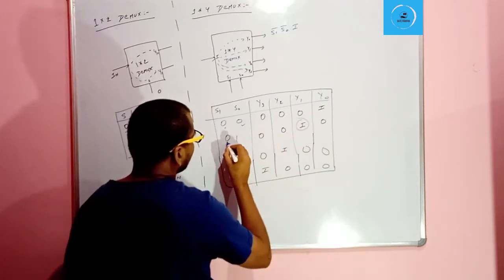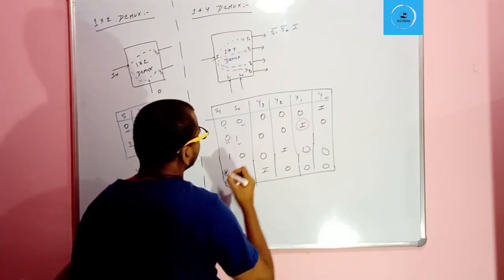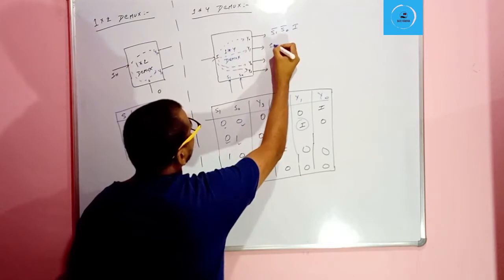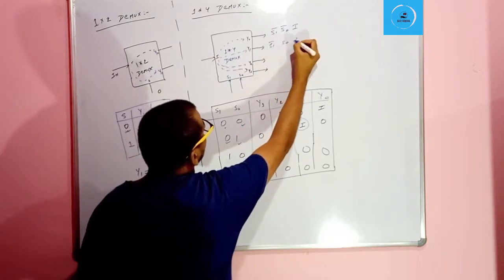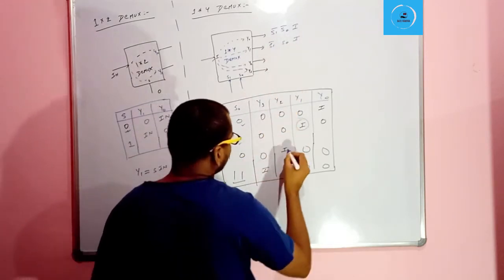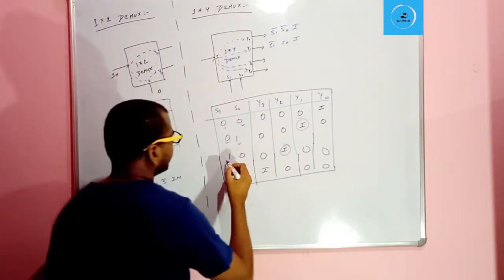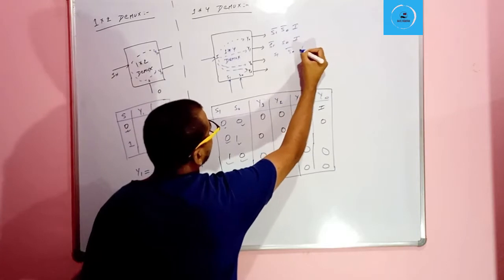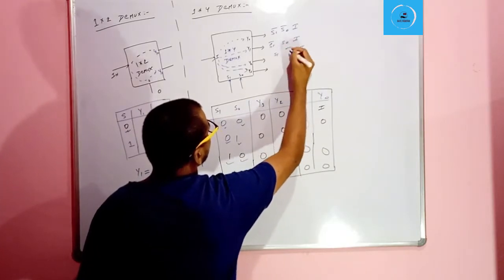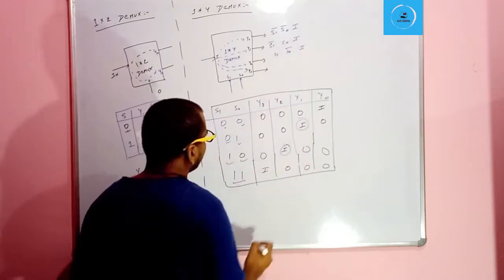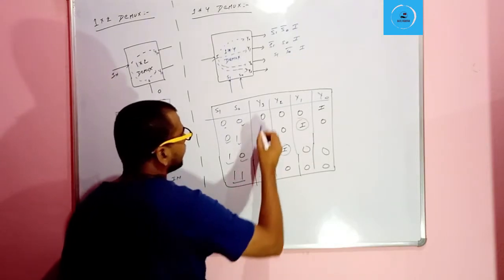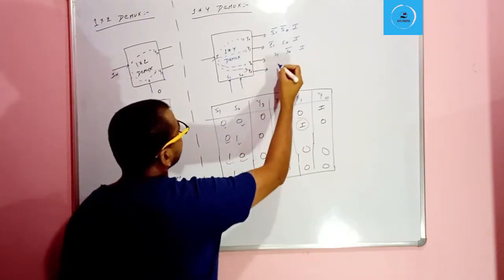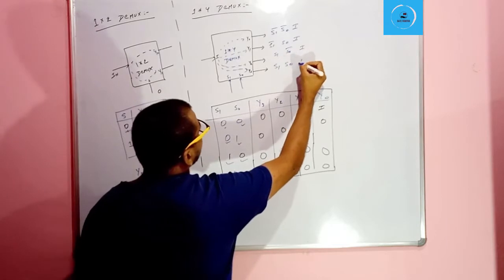Y1 will be S1 bar, S0 and the I. What is y2? Y2 will be S1, S0 bar and the I. And what will be y3? Y3 will be S1, S0 and the I.